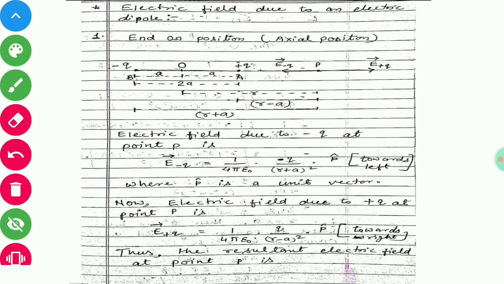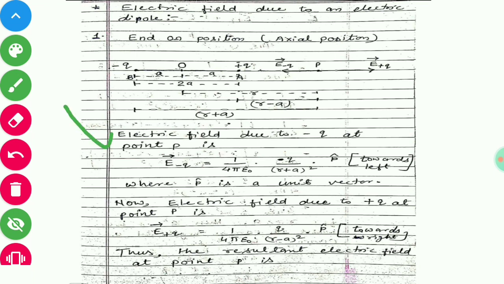Now there are two source charges, plus Q and minus Q, so there are two electric fields, one for the negative charge and another for the positive charge. So let's start with the electric field.